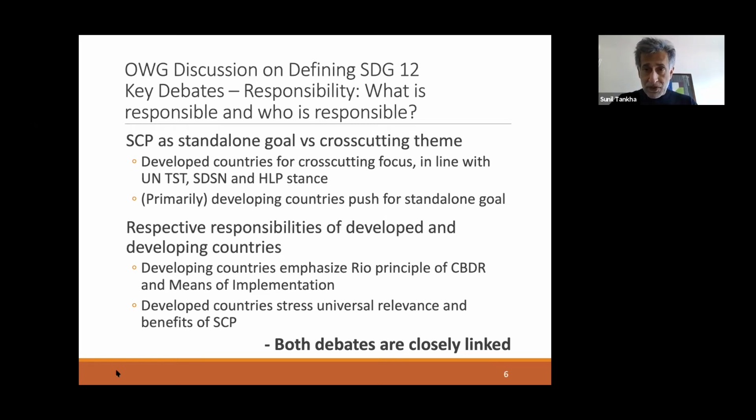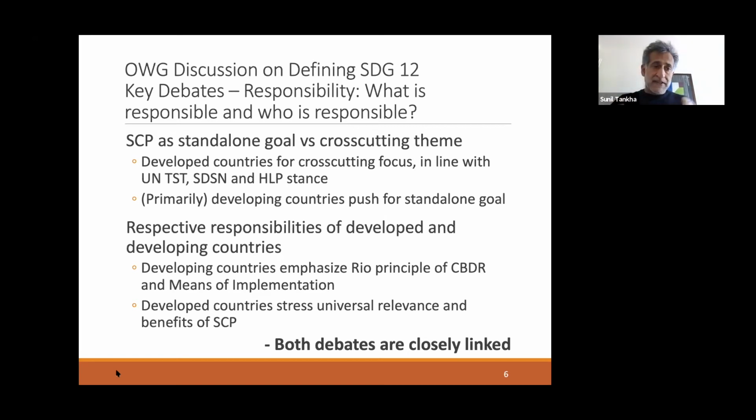Their interest was to emphasize that there was a common responsibility, but differentiated depending on the level of economic development among different countries, and a less openly stated goal: since developed industrialized nations were more responsible for unsustainability historically, they also had a responsibility to ensure that more sustainable consumption and production patterns were diffused throughout the globe. In other words, they would contribute to technology transfer for more sustainable production to the developing world.